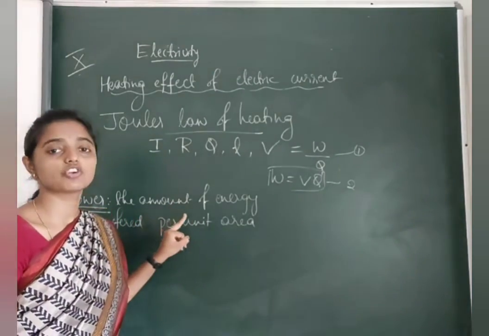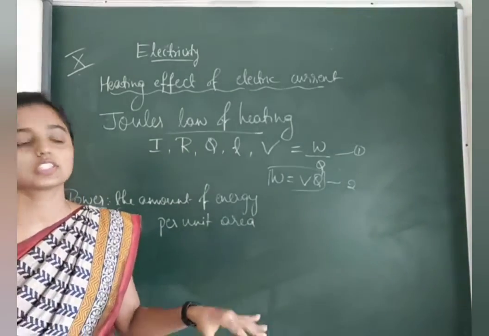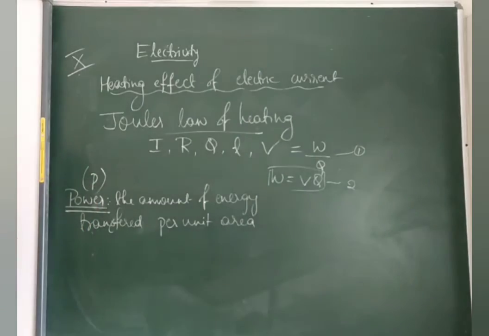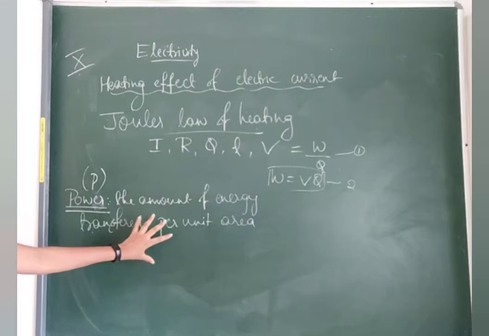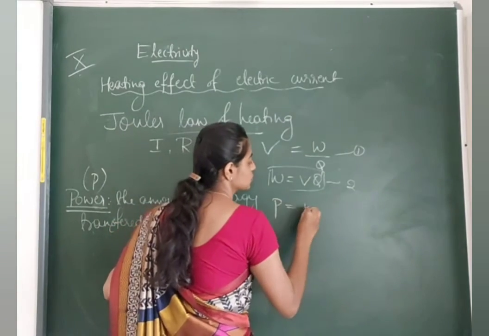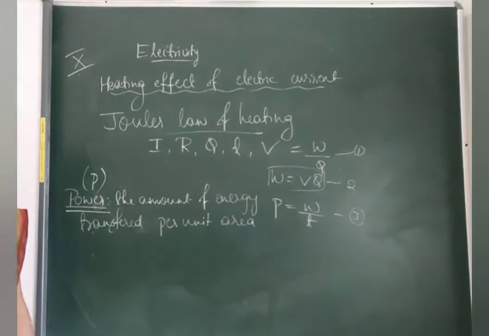Power is denoted by P. So let us write the equation of power with respect to the statement: P is equal to W by T, which we are taking as equation number 3.